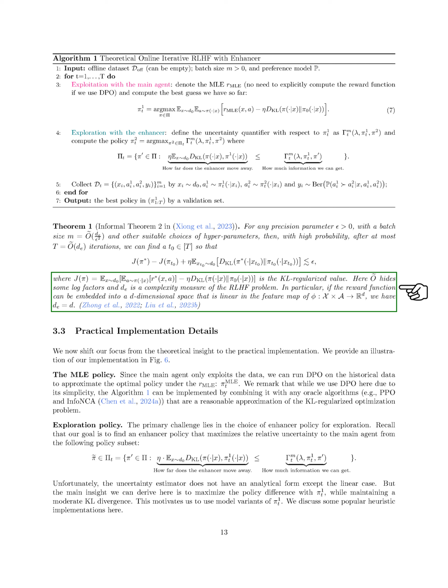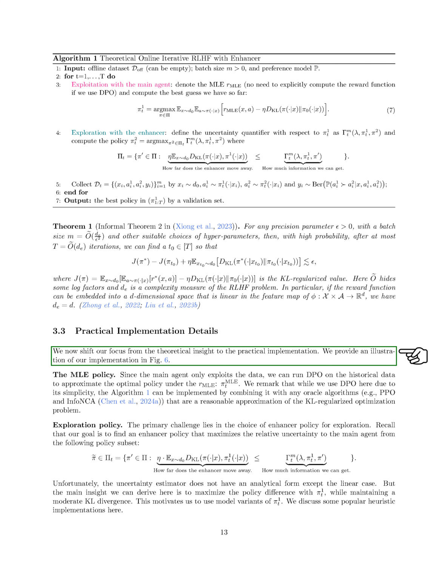Section. Practical Implementation Details. In this section, we will discuss the practical implementation details of our approach. We have illustrated our implementation in a figure. The main agent uses the maximum likelihood estimation, MLE, policy, where we apply direct preference optimization, DPO, on historical data to approximate the optimal policy under the MLE reward.